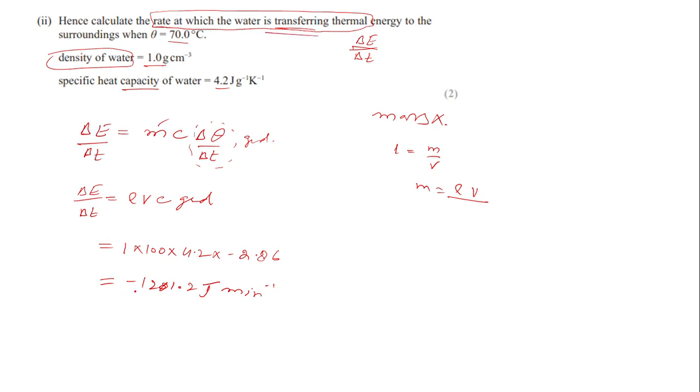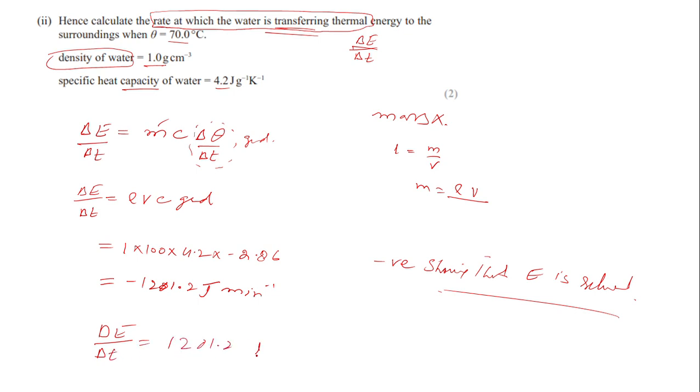You can ignore the negative sign if you want to just write a positive answer, or you can write the comment that the negative answer is showing that energy is released, or delta E by delta T is equal to 1201.2 joule per minute, or minute inverse.